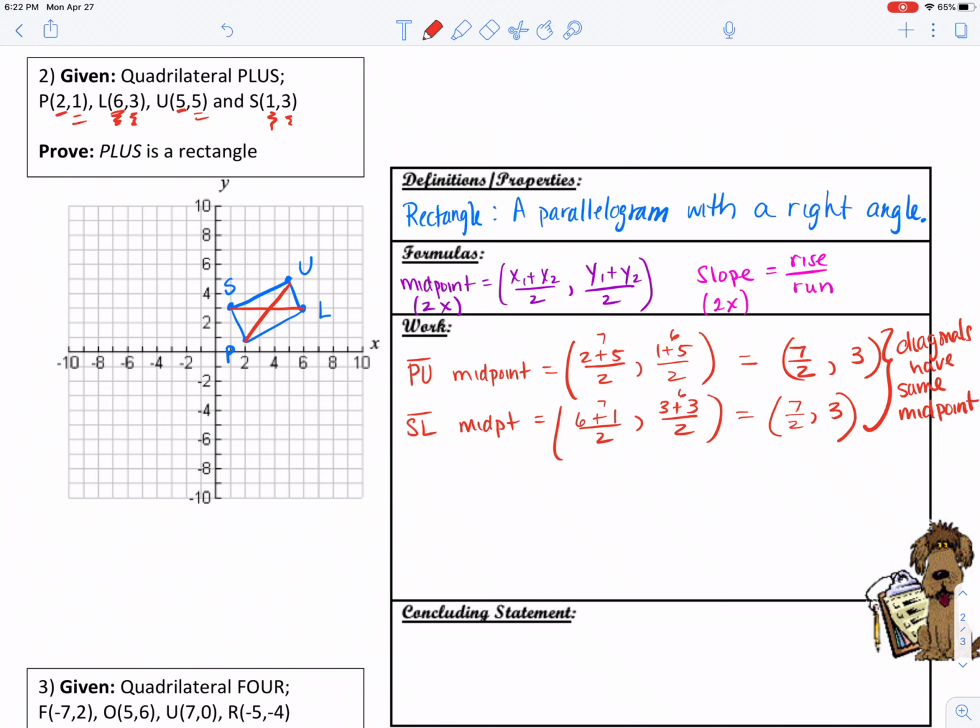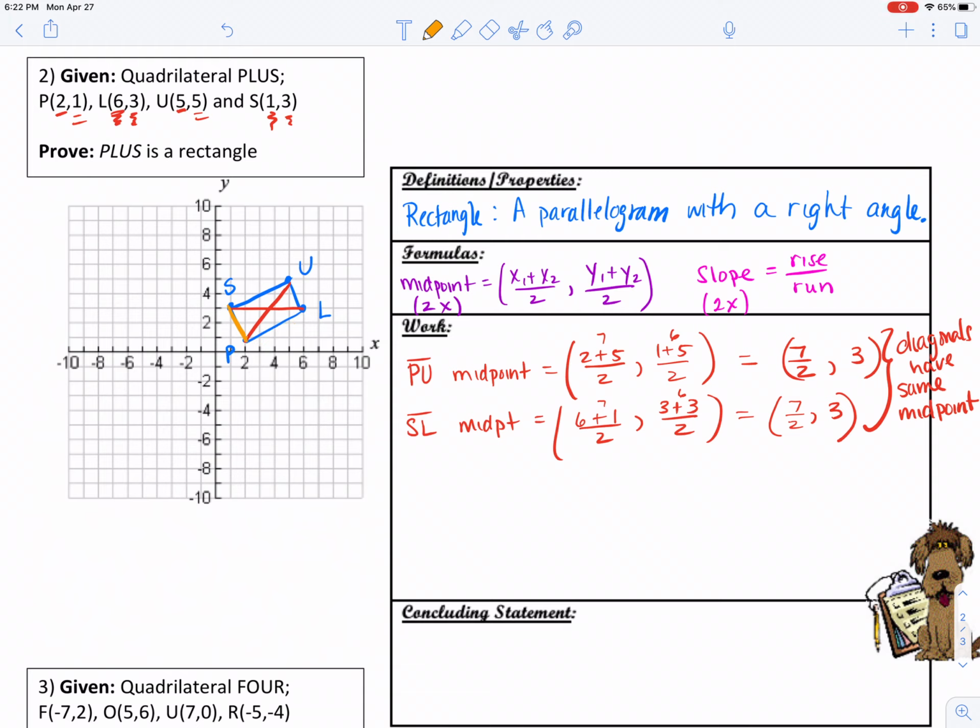So that was the first half of my work. The second half of my work, if I was doing the other method that I starred, I would get the length of those two diagonals. So you could either use right triangles and use Pythagorean theorem, or you could use a distance formula. I'm going to get the slope of two consecutive sides. So I'm going to do PS and PL.